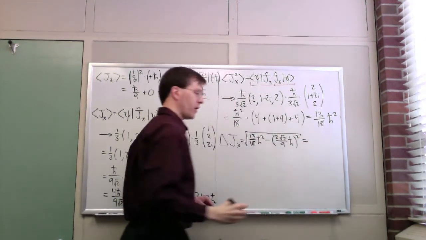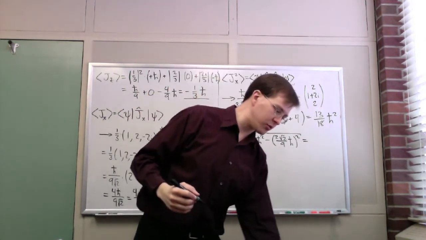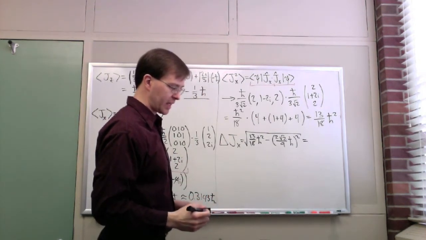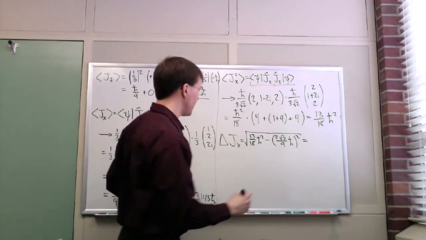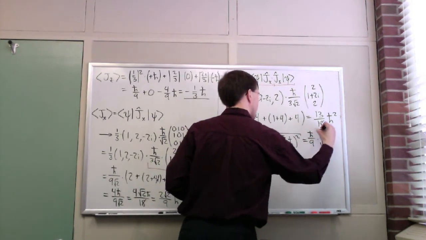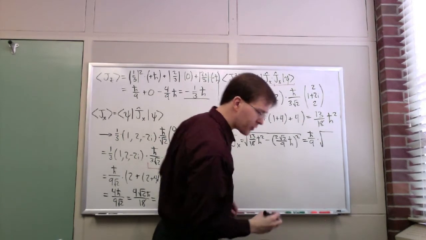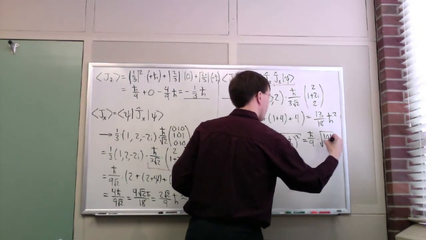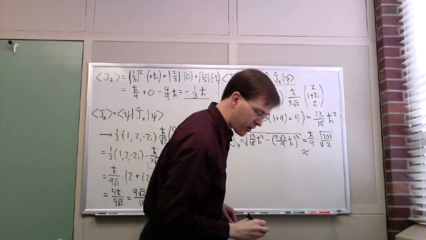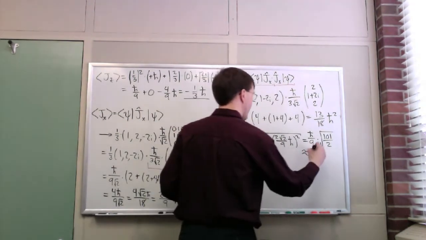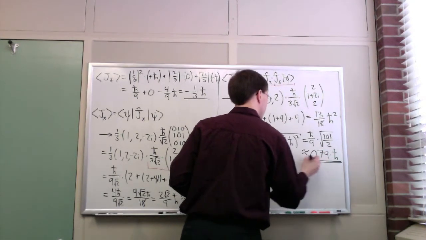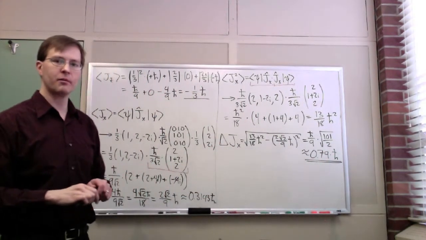If you work all that out, I'm not going to subject you to a bunch of boring algebra, the delta Jx that I get ends up being h bar over 9 times the square root of 101 over 2. Or numerically, since that's an obnoxious thing to work with, that's about 0.79 times h bar is my delta Jx.